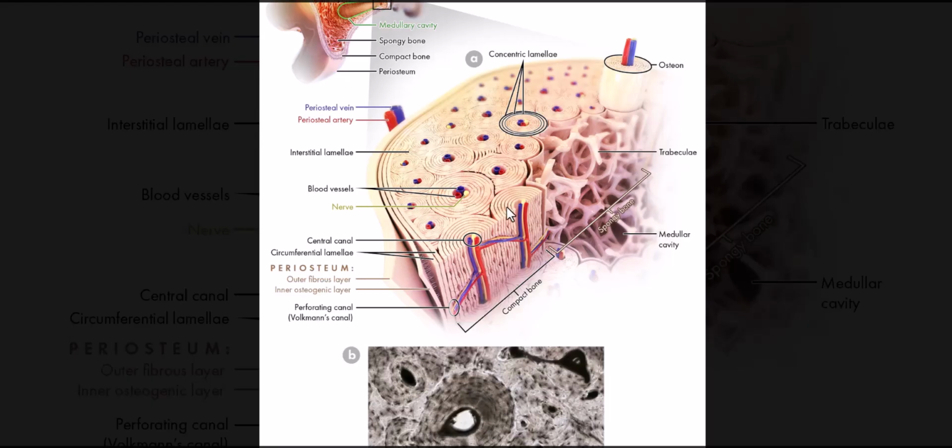In the center of the osteon, there's a central canal containing red and blue blood vessels, veins, and arteries, as well as nerves. We see the many layers, the lamellae, that make up those osteons. And we see here in the artist's rendition the space, the lacunae, and if we were to really zoom in, we would see those osteocytes hanging out in there.